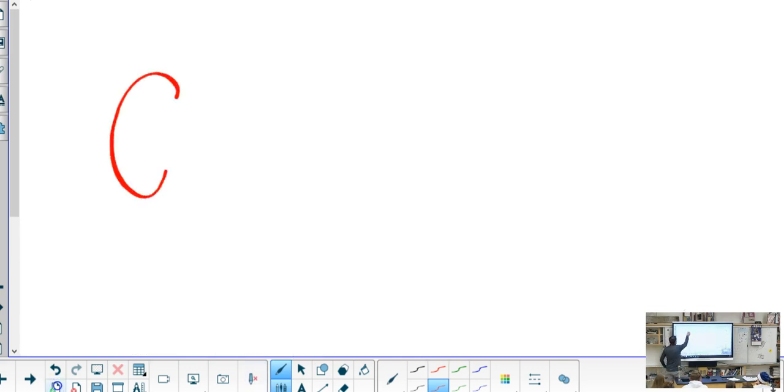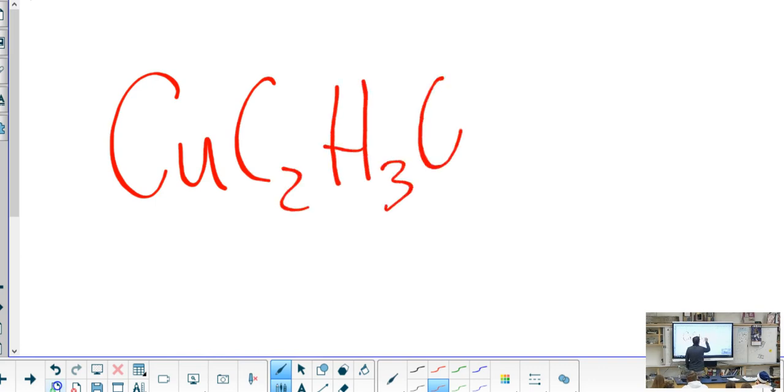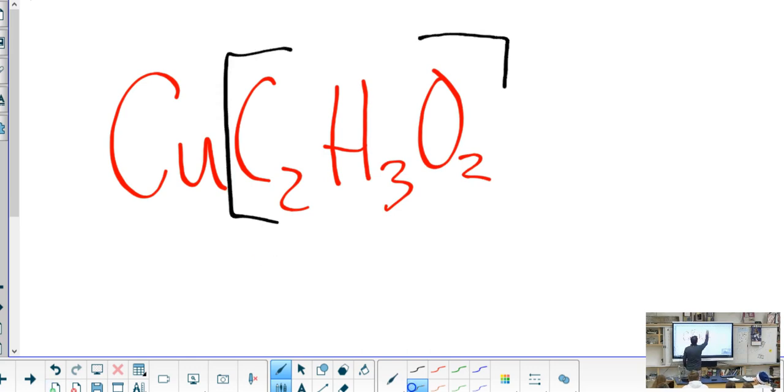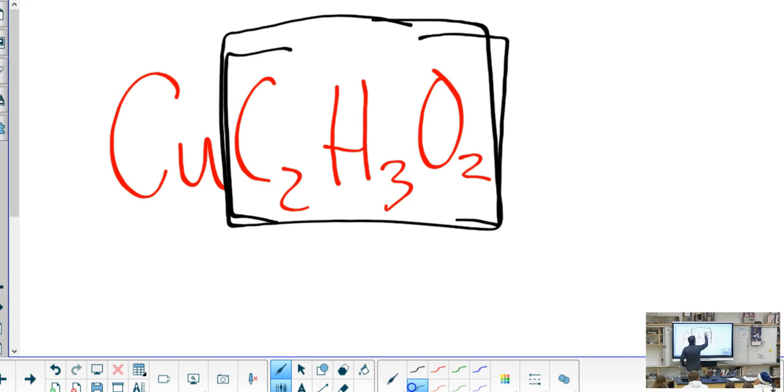It's Cu C2H3O2. Now, this is tricky. This is our polyatomic ion right here. How many of them are there? No. There's one of them. This thing is one thing, and there is one of them.